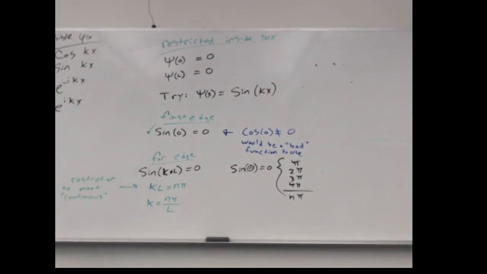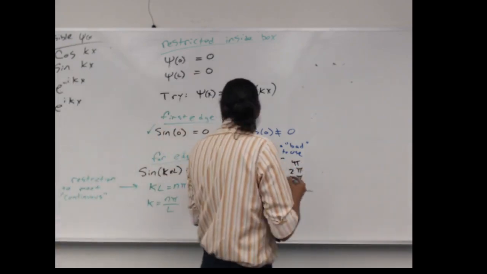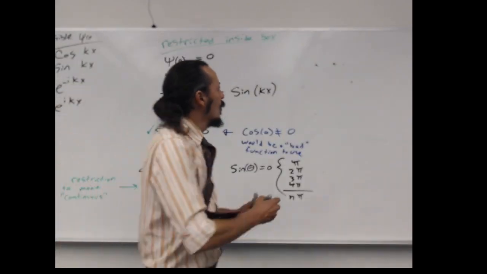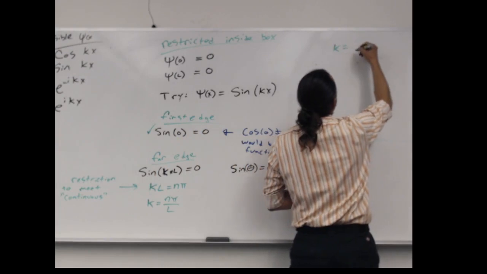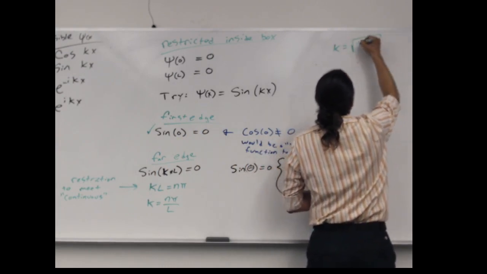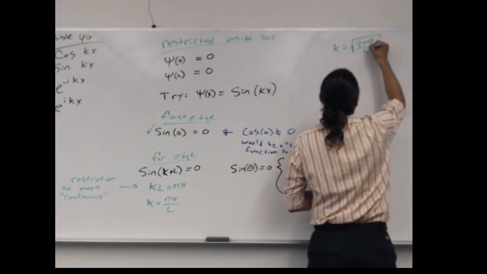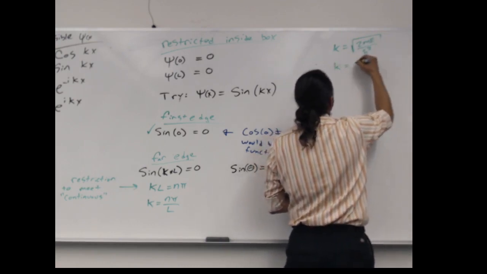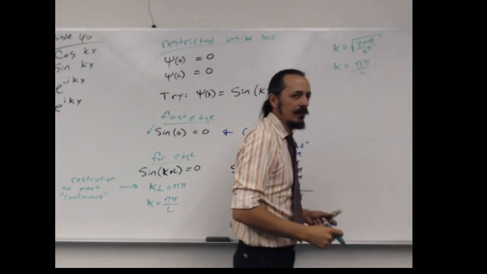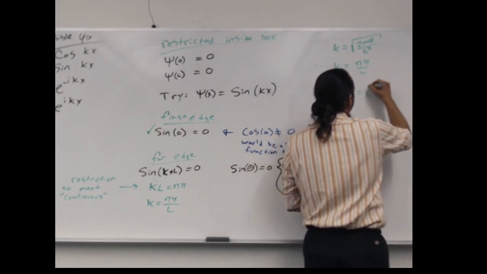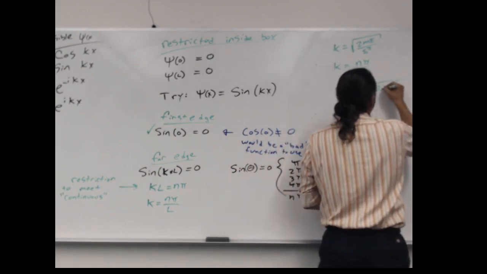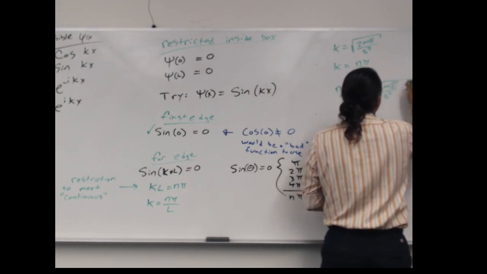At first glance, this is kind of boring, but remember, k is related to something real. k is related to the energy. So when we do this, we end up putting a restriction on the energy. k is equal to the square root of 2mE over h bar squared, and k is equal to n pi over L. I put these things together: n pi over L is equal to the square root of 2mE over h bar squared.